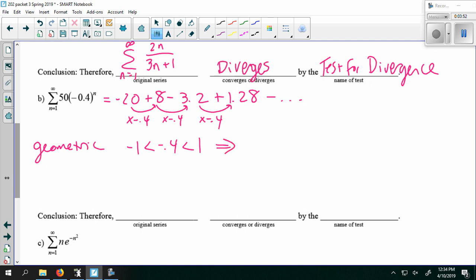So this converges. So my conclusion is that this sum from n equals 1 to infinity of 50 times negative 0.4 to the n converges by the geometric series test.